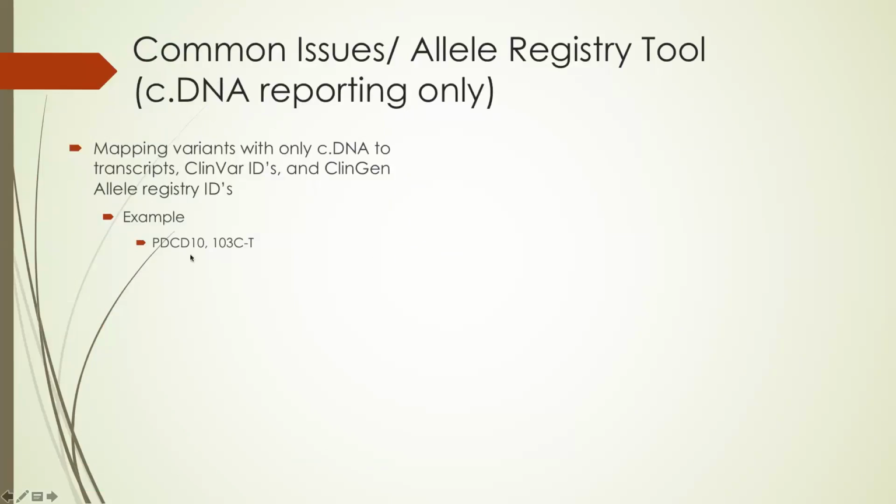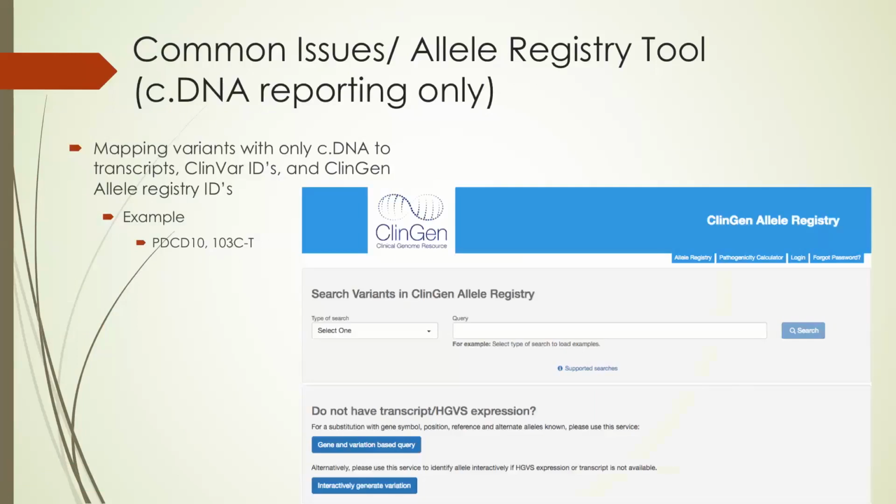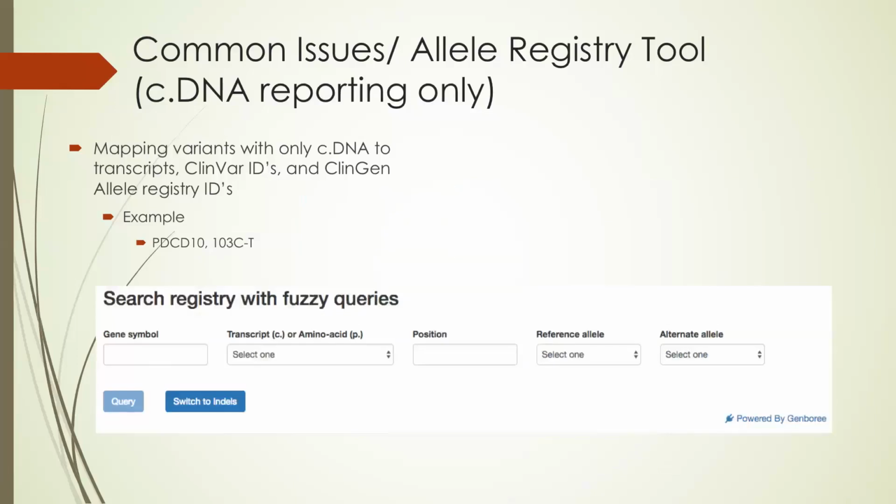This was an older paper that described a transition at position 103, a C to a T. The best way, I think, to figure out what this variant is, is to go straight to the Allele Registry and use the gene and variation-based query tool, where you can enter information about the variant and the gene, and it will return results on all the transcripts currently registered in the Allele Registry.